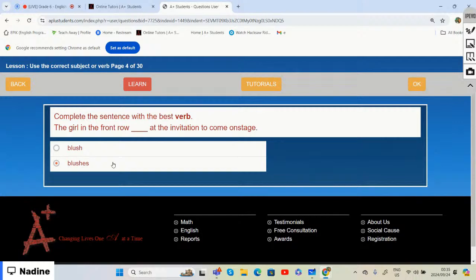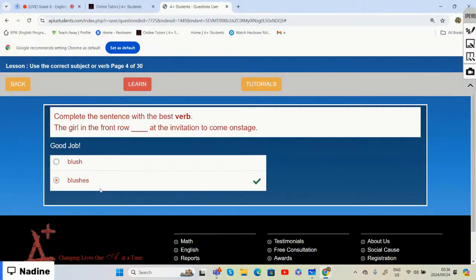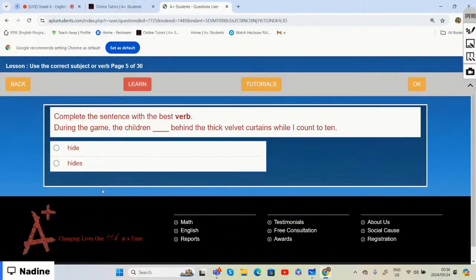And the singular verb ends with S, ES, or IES. Then, if we have a plural subject, which refers to more than one person, animal, place, or thing doing something, it does not end with an S, ES, or IES. So wonderful. One person blushes. So well done. Blushes is correct.